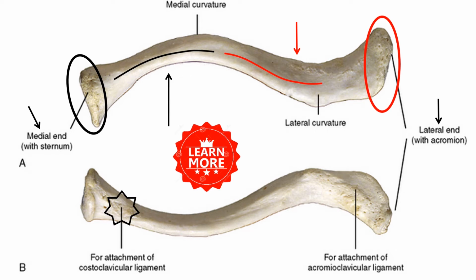Now, looking at the inferior surface, it has rough areas for the attachments of ligaments. On the medial side, we have a rough area for a ligament called the costoclavicular ligament.